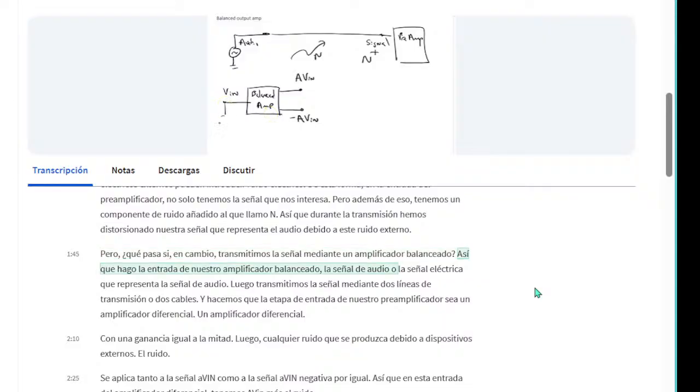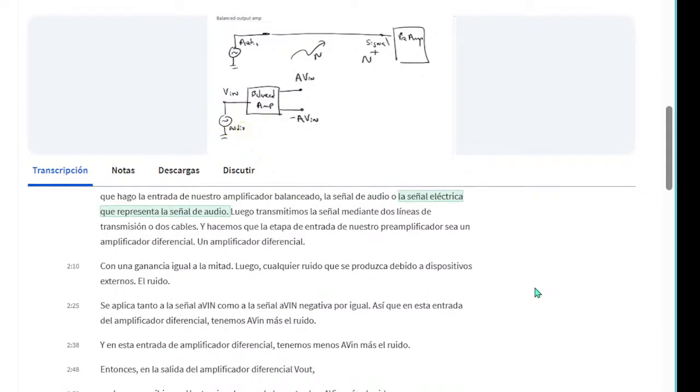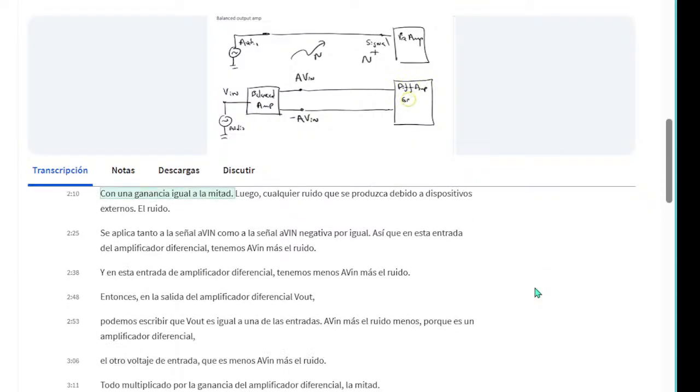So I make the input of our balanced amplifier the audio signal, or the electrical signal that represents the audio signal. We then transmit the signal using two transmission lines or two cables, and we make the input stage of our preamplifier a differential amplifier, a diff amp, with a gain equal to 1/2.